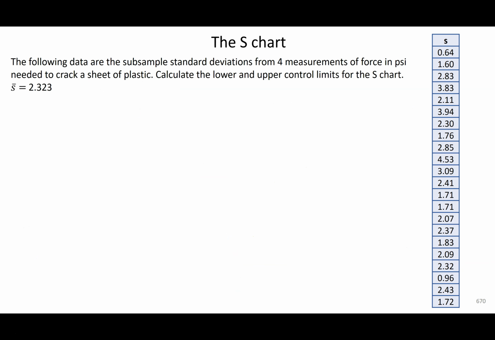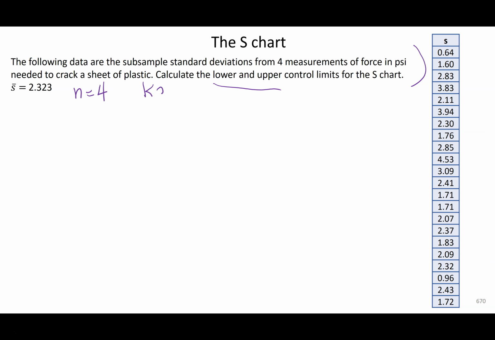So here, we're still going to be using the data where we had 4 measurements of force in PSI, looking at the force needed to crack a sheet of plastic. So we want to calculate the lower and upper control limits for the S chart. So just from last time, we had subsamples that had 4.